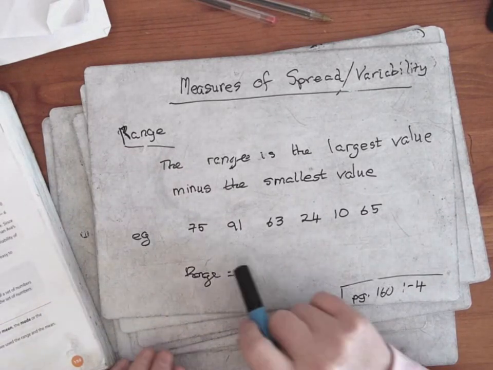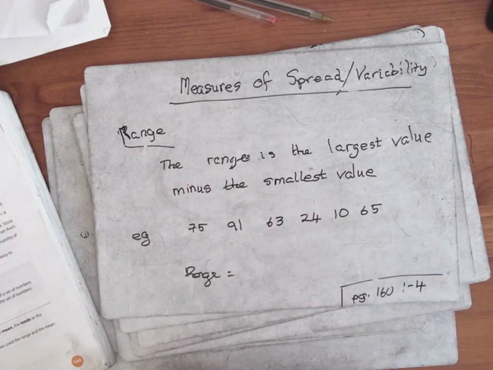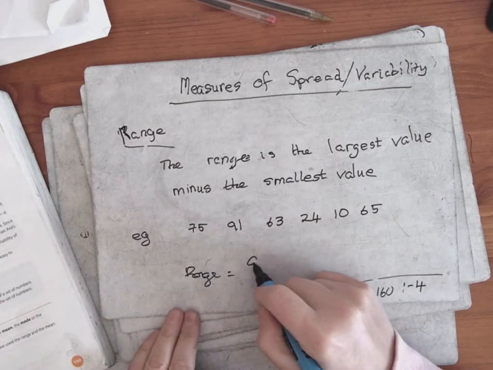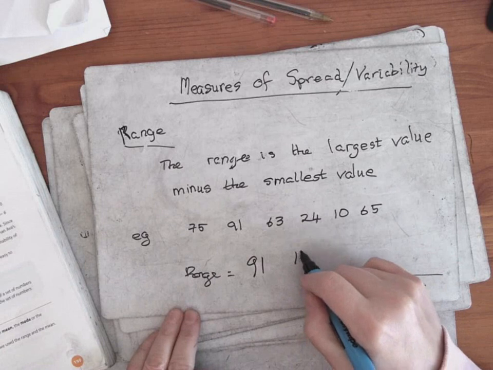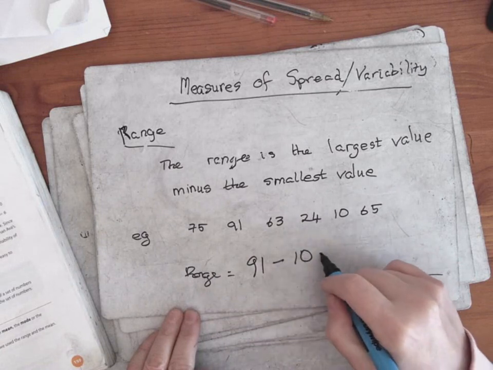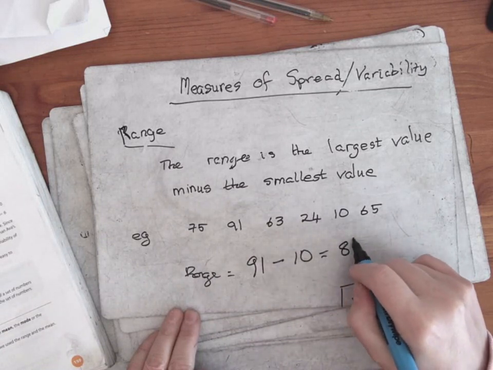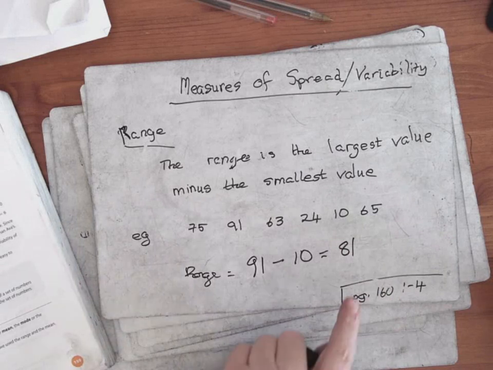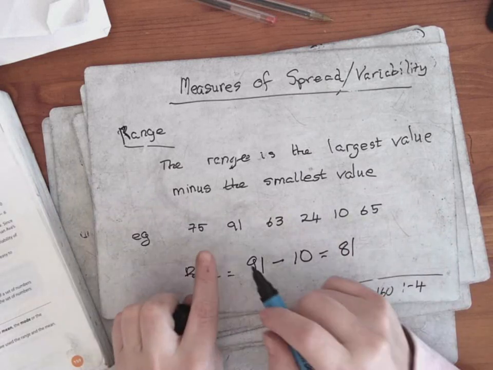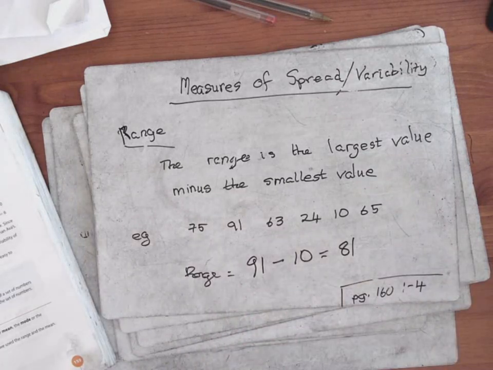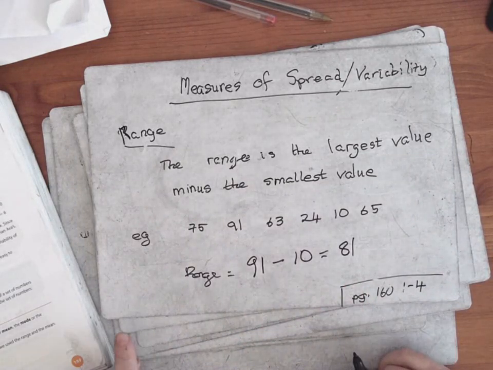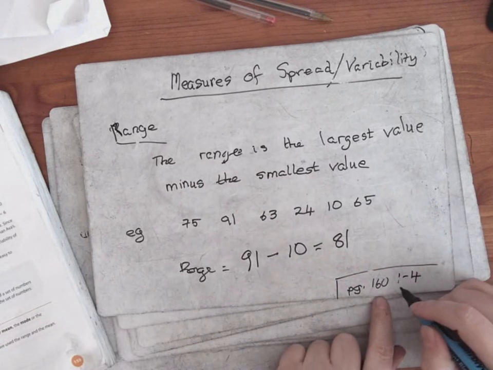So you look along the list and take the biggest number, which is 91, and then find the smallest number, which is 10, and the biggest number take away the smallest number is the range. So the range of that is 81, which is quite high, which means they're spread out. So the bigger this number, the more spread out they are. The smaller the number, the closer together the values are. And that is it.